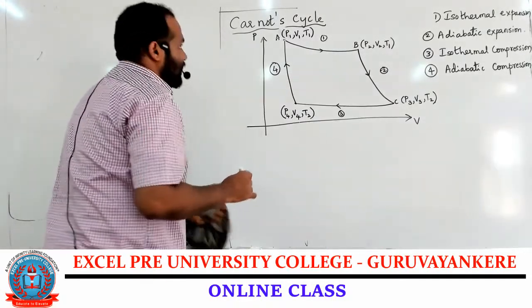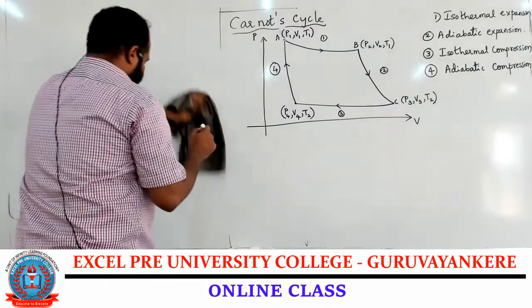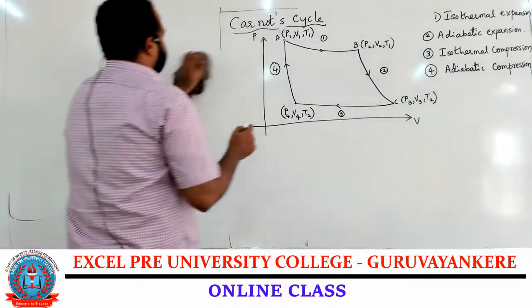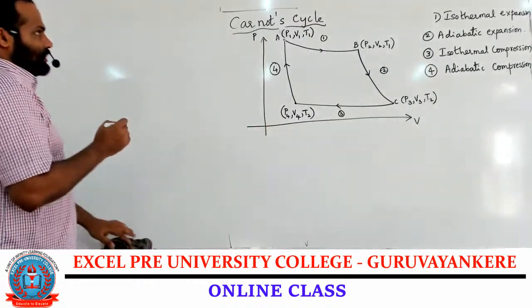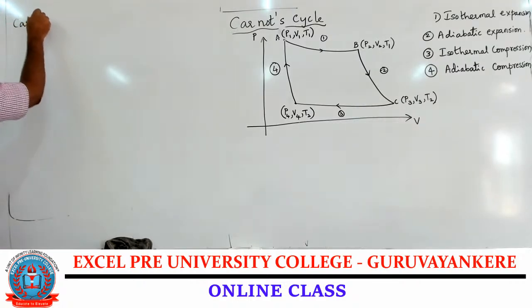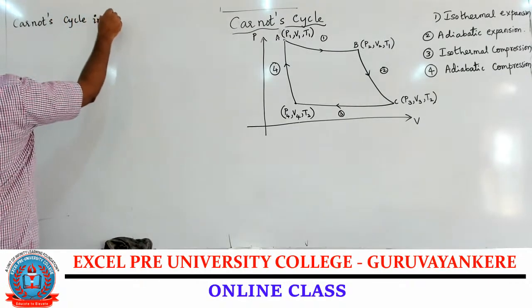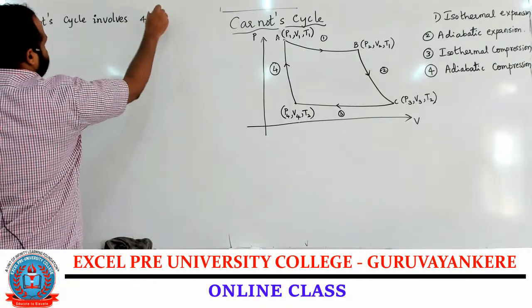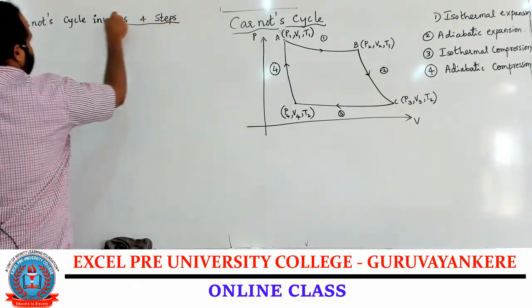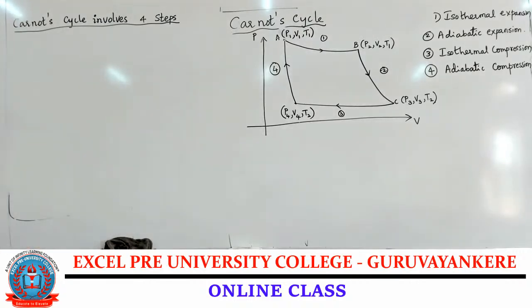First process, as we explained. Carnot's cycle involves 4 steps.